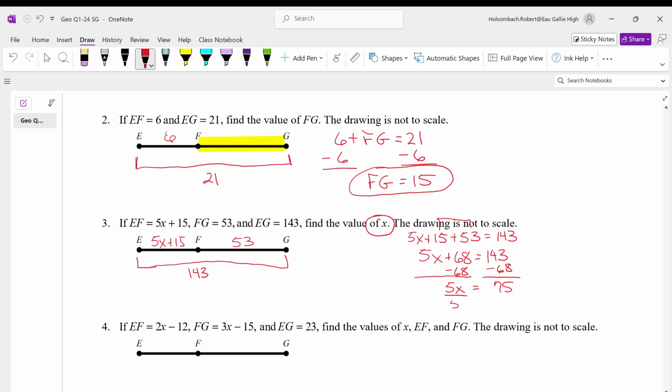And then we're going to divide both sides by 5. So our x is equal to 15. The sum of the two pieces of the segment equals the entire length of the segment.